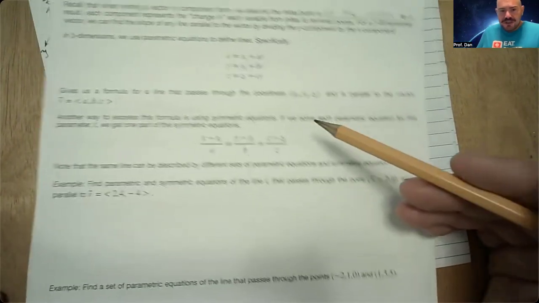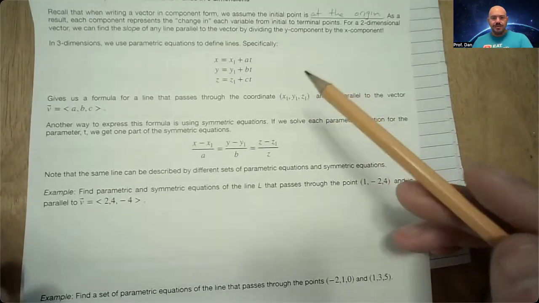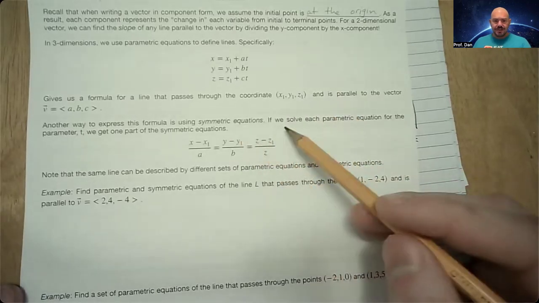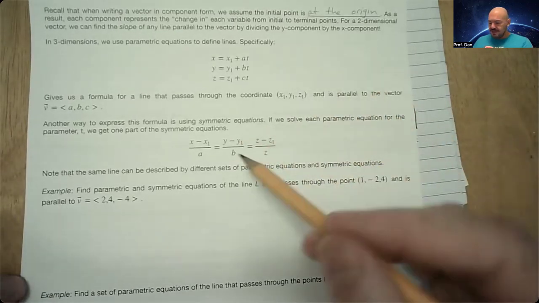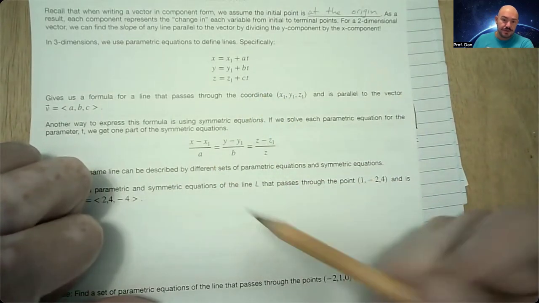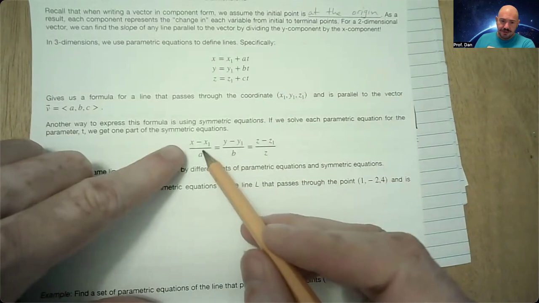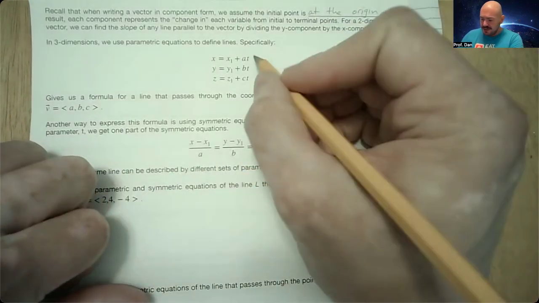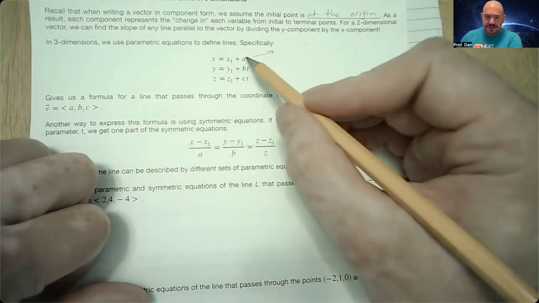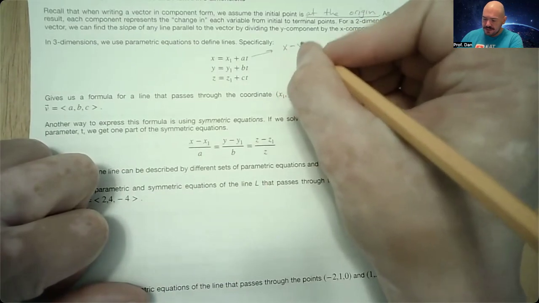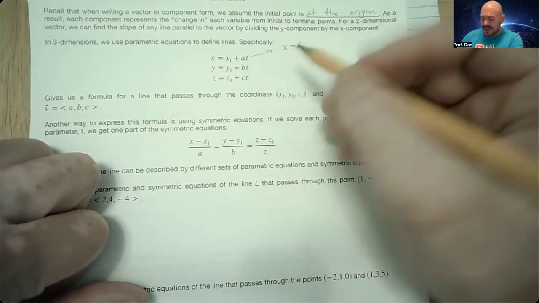In addition to parametric equations, another way that we could represent a line in three dimensions is using what's called symmetric equations. The idea is that if we were to solve each of these parametric equations for t, we would get one of the parts of this equation. Like here, if I solve for t, I would have to subtract x1, and then divide by a.